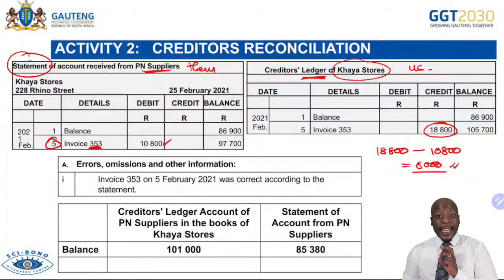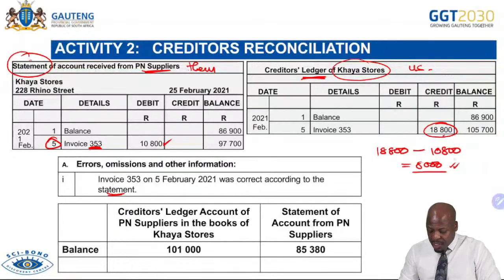Who must make this correction? In other words, where can we go and correct this? Is it in the ledger or on the statement? Remember, we are told the amount on the statement is correct. That means we have nothing to correct on the statement. And the amount in the ledger is more. You can see here, it is more. So we come and correct it in the ledger.